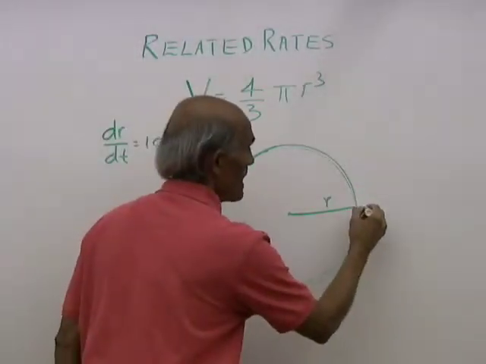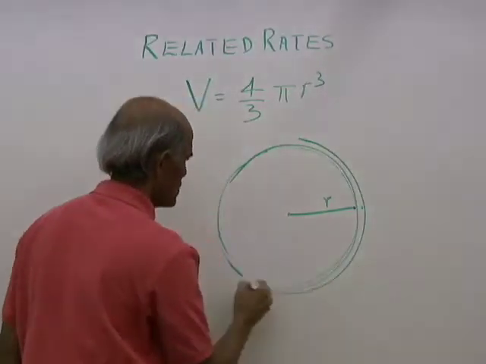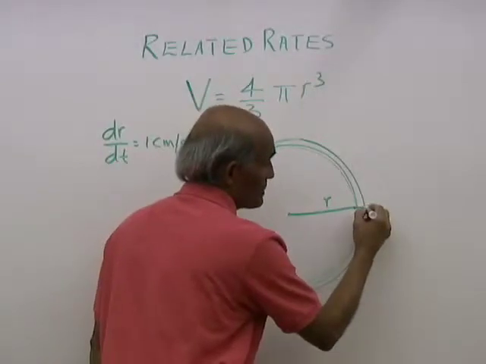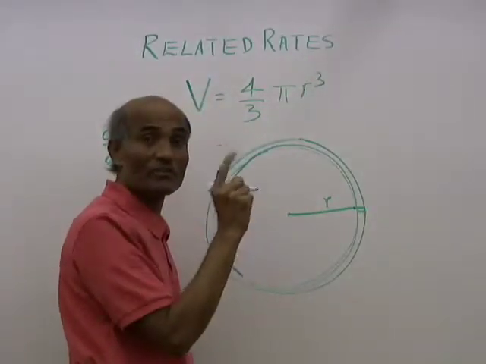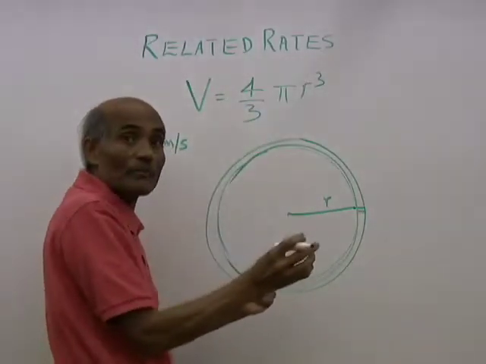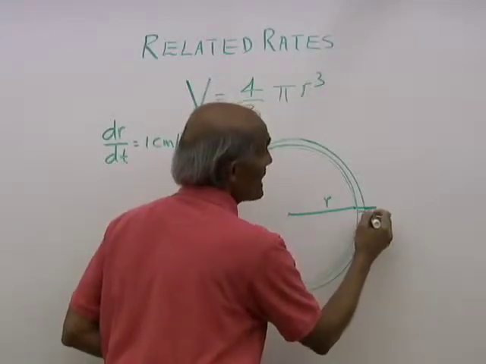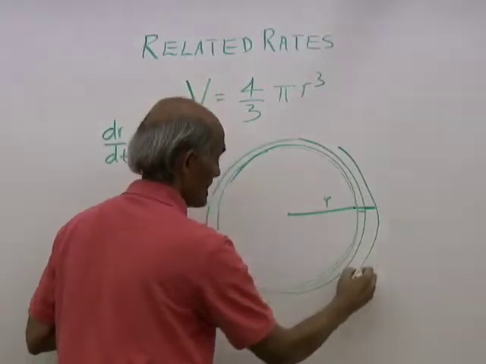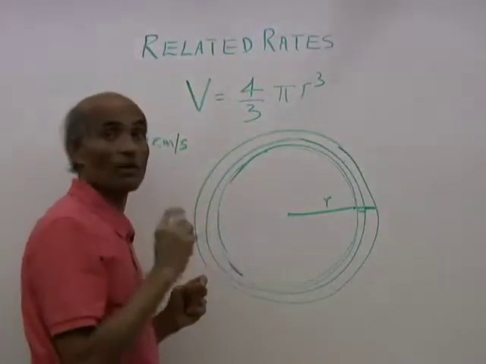That means after 1 second, that is our balloon. This is the increase in radius in the first second. And look at the increase in volume. Now, after another second, the radius again increases by 1 centimeter. And that is the new increase in volume.